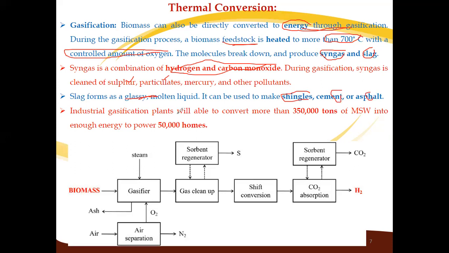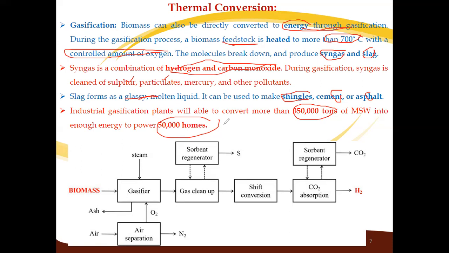Industrial gasification plants are able to convert more than 350,000 tons of municipal solid waste into enough energy to power almost 50,000 homes. So this is the industrial gasification process. These industrial gasification plants are being built around the world; Asia and Australia are constructing and operating most of them.